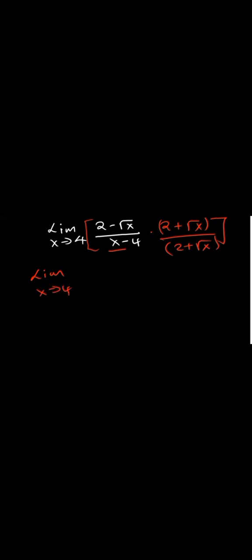When you're multiplying the conjugate with this function, it's just 2 times 2, which is a 4, and root of x times root of x is x. So you have 4 minus x over x minus 4 times 2 plus root of x. This is where it's coming from.